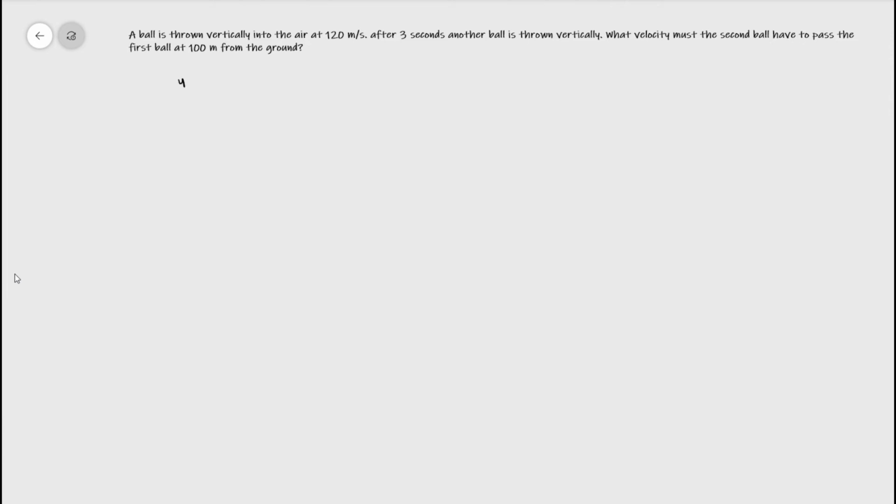y is equal to v0 t, the initial velocity times the time, then here I will be using minus because we are traveling upward, minus 1/2 g t squared. Okay, now the initial velocity of ball 1 is equal to 120 meters per second and it is traveling for 3 seconds.